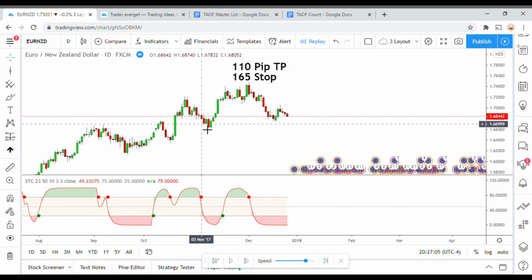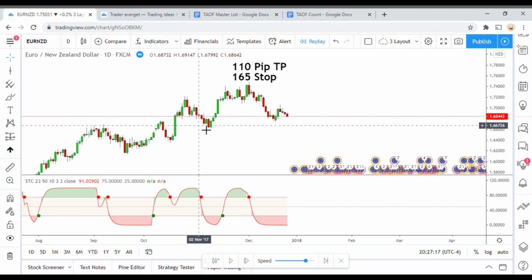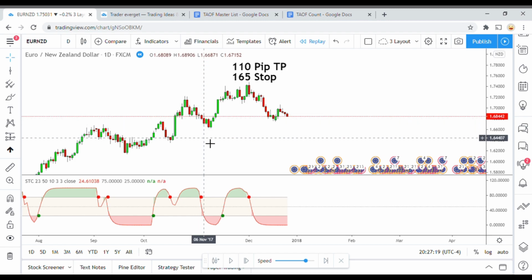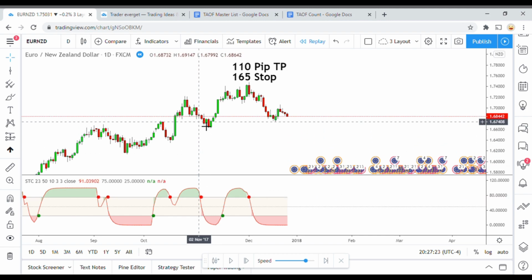Now, what we need is confirmation, and this is one thing that Schaff himself said, is that you have to have something else to confirm it, whether it be another indicator, or what he recommended was that there needs to be a following candle after the signal takes place.